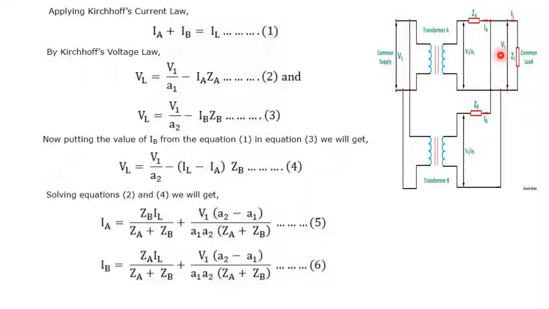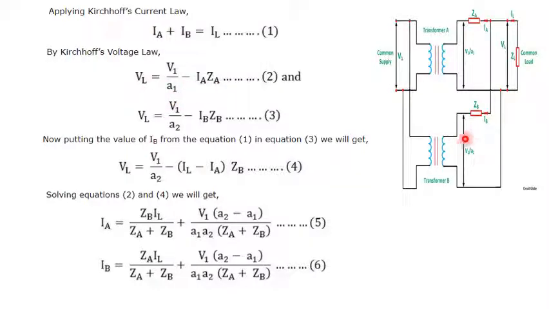This VL voltage is the voltage across this winding minus the voltage across this impedance. The voltage across this impedance is IA into ZA, and the voltage across this winding is VA divided by A1. The difference of these two gives the load voltage. So I can represent VL is equal to VA by A1 minus IA into ZA. Call this equation number 2.